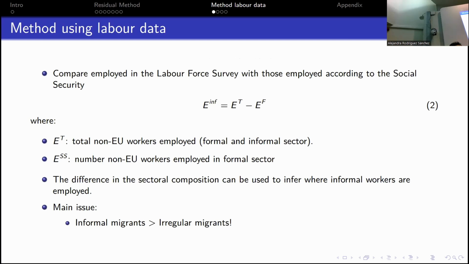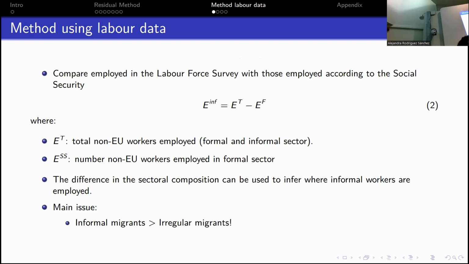The second method, which might be a little bit more interesting, is used to answer the question of what is the sectoral composition of, let's say, I'm not going to say irregular migrants, informal migrants, and this will be clear in a second.